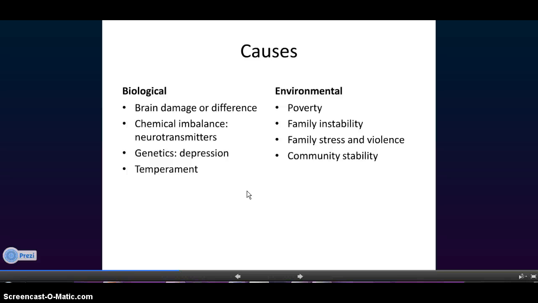Genetics. We find that some conditions, for example depression, run in families, and we believe that there is a genetic component to that. Inborn temperament: about 30% of all people are what are called easy children, and these people just have a happy temperament. They adapt to change well.